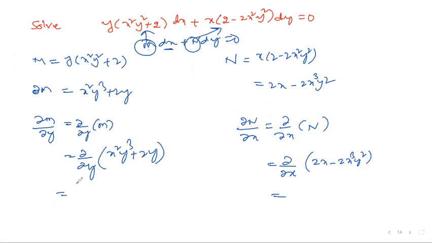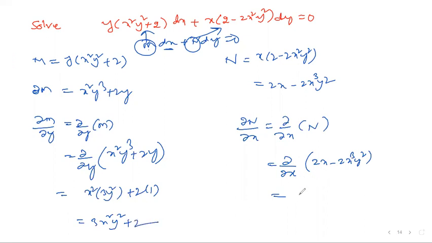Differentiating with respect to y, x² is a constant, the derivative of y³ is 3y², plus 2 into 1. So we get 3x²y² + 2.